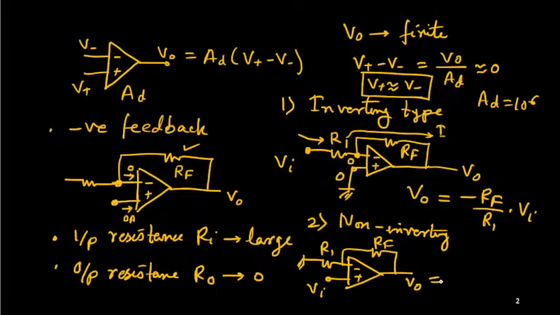So the expression for V0 is 1 plus RF by R1, this is the gain, multiplied by VI. Okay. So with this concept we will start and try to solve a few problems. This is very easy. I am telling you that we can solve lots of problems very quickly if you use the proper method to solve them.